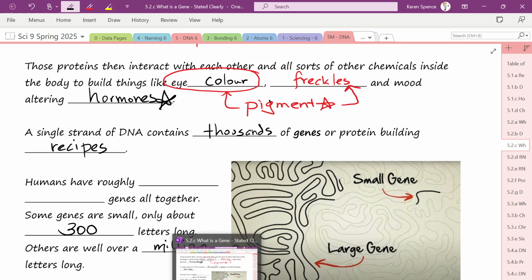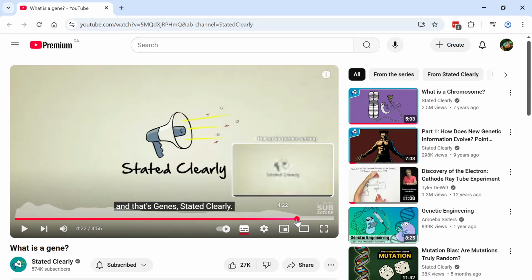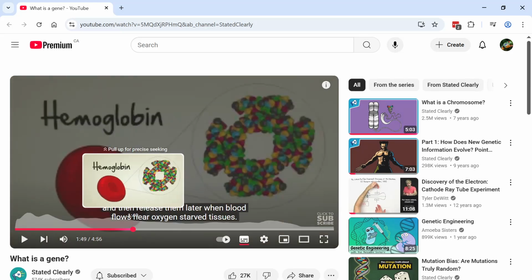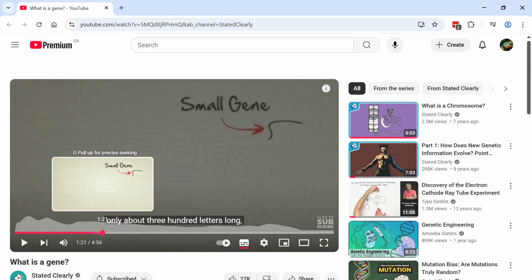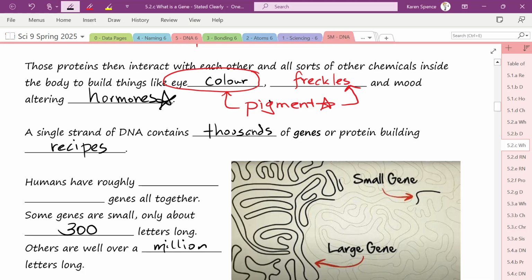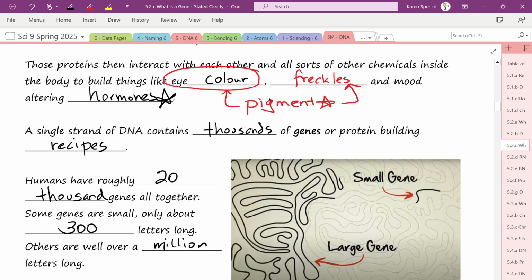I don't know. Let me just pop back here for a second. Humans have 20,000? That sounds right. That rings a bell for me. I'm just going to go with it. It's not a number you need to memorize anyway, so let's not worry too much about it.